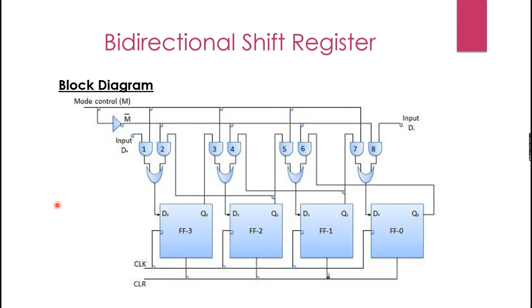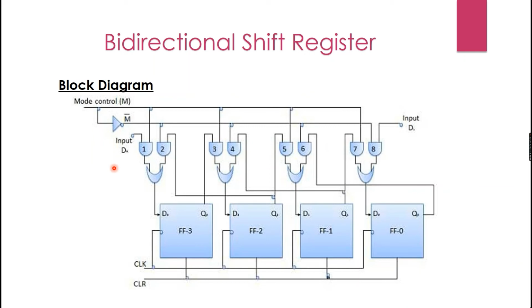So we can control this using mode control M, and for mode control M value 1, our AND gates 1, 3, 5, 7 work perfectly fine, and 2, 4, 6, 8 remain shut, and this mode 1 is actually the right shifting.